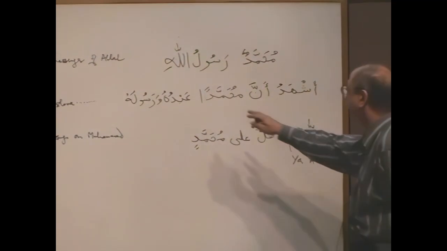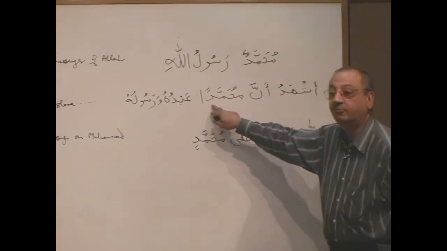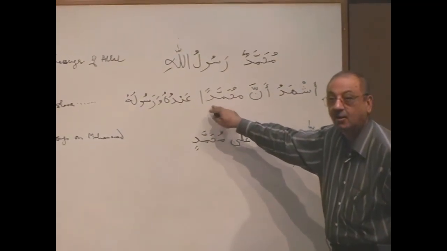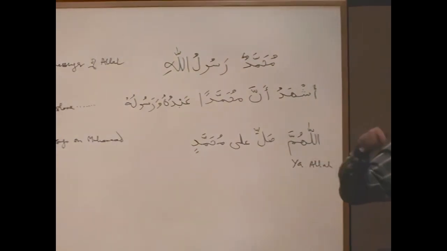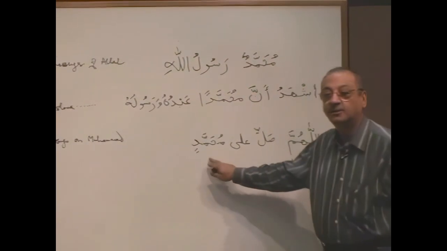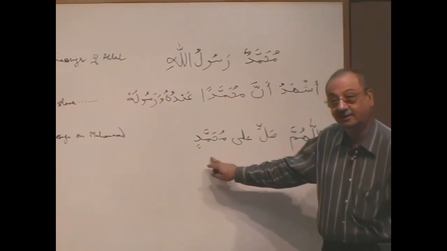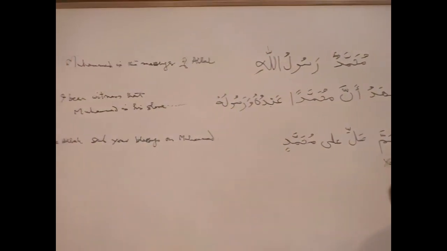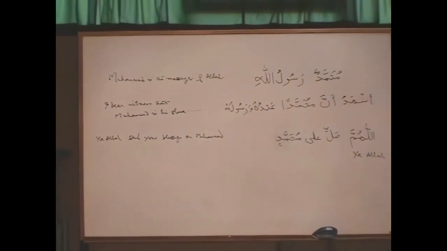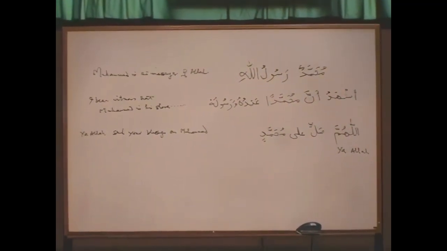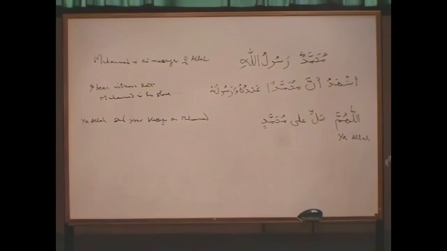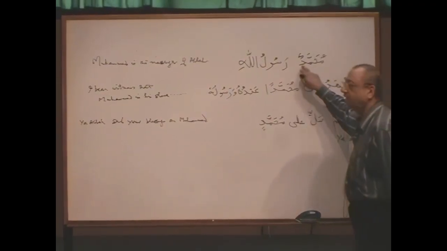It can decline to tanween fatah, or if you have al, then it is one fatah, or it can decline to tanween kasra, or with alif and lam, with al, one kasra. Okay, brothers and sisters?